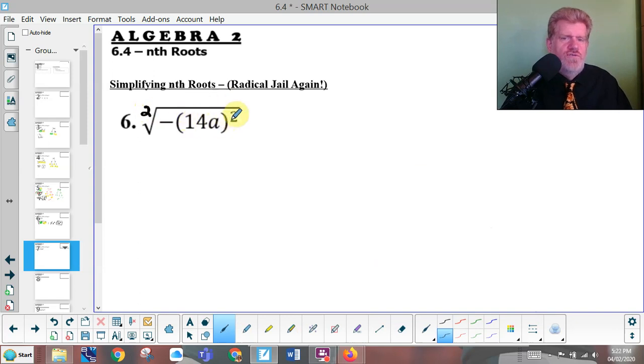We've got two 14a's. So if we have two 14a's, well, what happens with these 2's? When we divide, 2 divided by 2 is 1. So if I have, and I'll visualize this one for you, we've got 14a times 14a. That's what it means, right? We've got two 14a's.